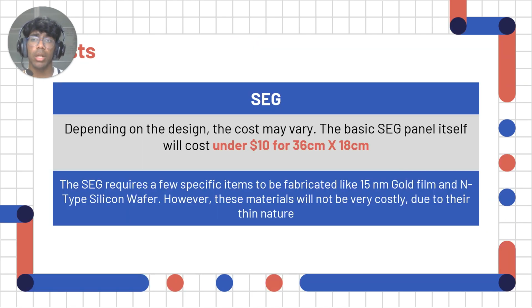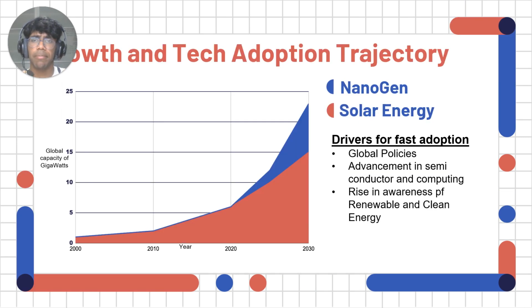SEG has extremely minimal cost, which is just under $10 for a 36 by 18 centimeter panel. It uses extremely few items such as a 50 nanometer gold film and an N-type silicon wafer, which are cheap, not too costly.